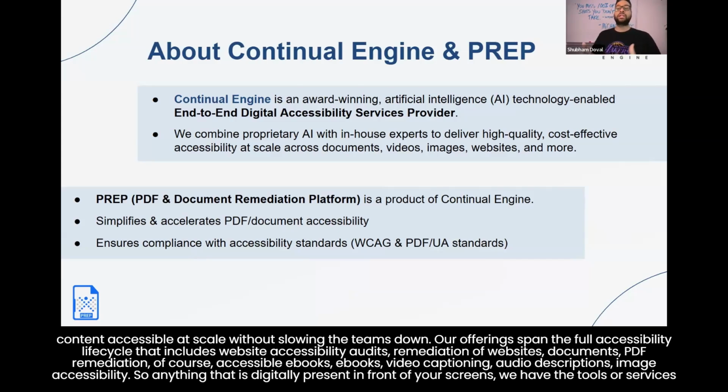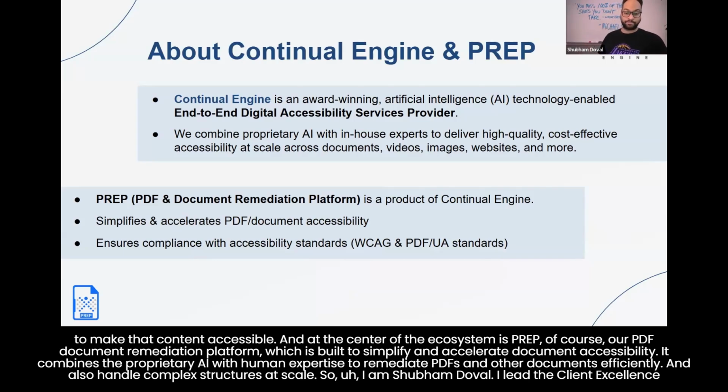Anything that is digitally present in front of your screens, we have the tools or services to make that content accessible. At the center of the ecosystem is Prep, our PDF document remediation platform, built to simplify and accelerate document accessibility. It combines proprietary AI with human expertise to remediate PDFs and other documents efficiently, and also handle complex structures at scale.